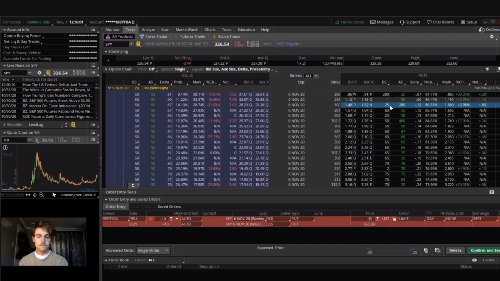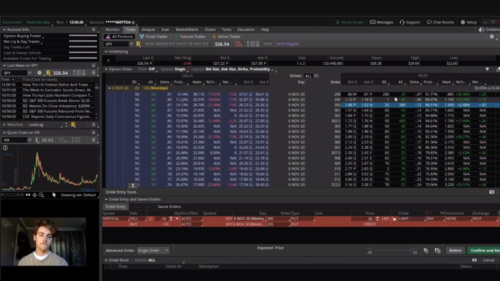Now, bid and ask size on Robinhood and ThinkorSwim are two different things. The bid size here is saying there's 25 contracts and the ask size is 280. If there was a 0 or, like in this case, a 1 right now, and obviously this market's closed, I might want to do a market order.